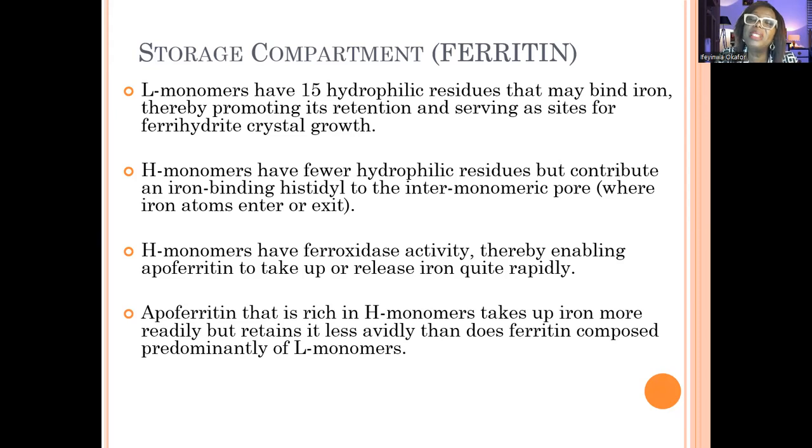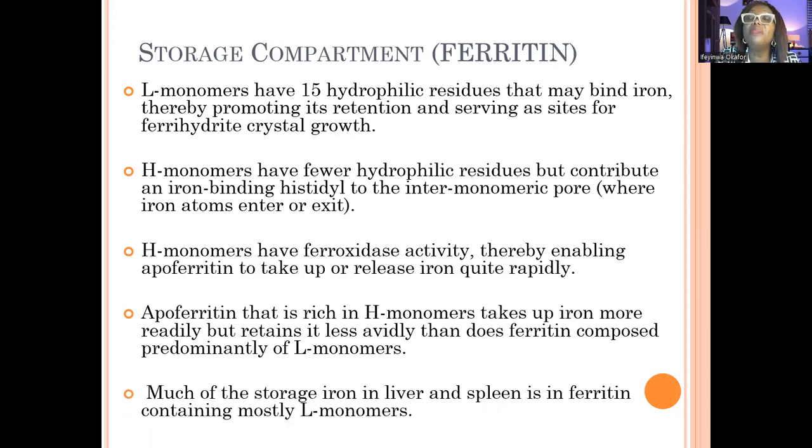So ferritin that contains H monomers takes iron readily but releases it more readily, while ferritin made up of L monomers retains iron more. Ferritin made up of L monomers is found mostly in the liver and the spleen. Much of this storage iron in liver and spleen is in ferritin containing mostly L monomers.